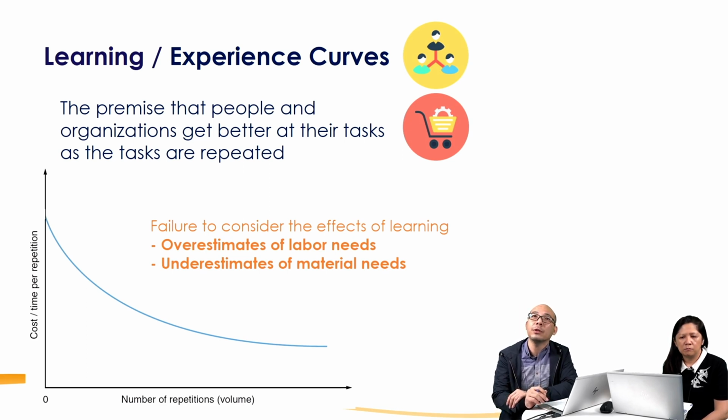What happens is that we try to ensure that people are getting better when they repeat the task again and again. With that, we need fewer resources to channel to a particular task in your daily business operations. So we'll be able to optimize our resources, which means we avoid overestimating labor needs, so you reduce the wastage of human resources.